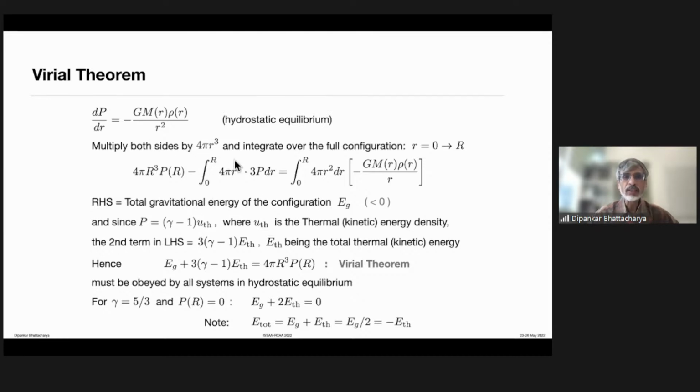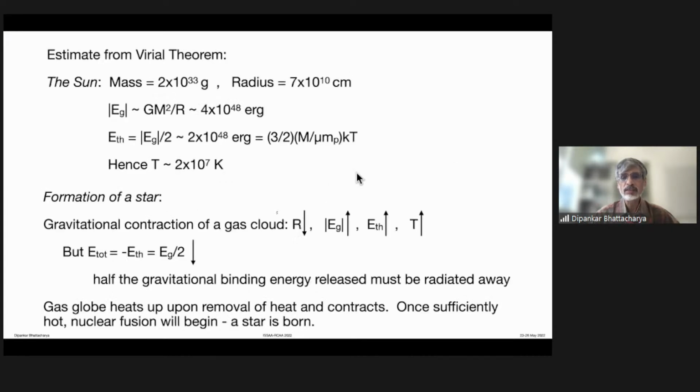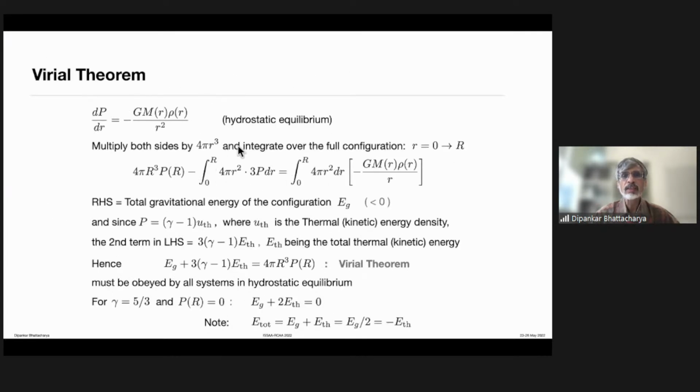So the second term here is 3 times gamma minus 1, which I can take out, then 4 pi r squared dr times thermal energy density. The thermal energy density integrated over the entire volume of the star gives you the total thermal energy of the star. So this term then is 3 times gamma minus 1 times E thermal. So this was gravitational energy, and this gives you thermal energy.